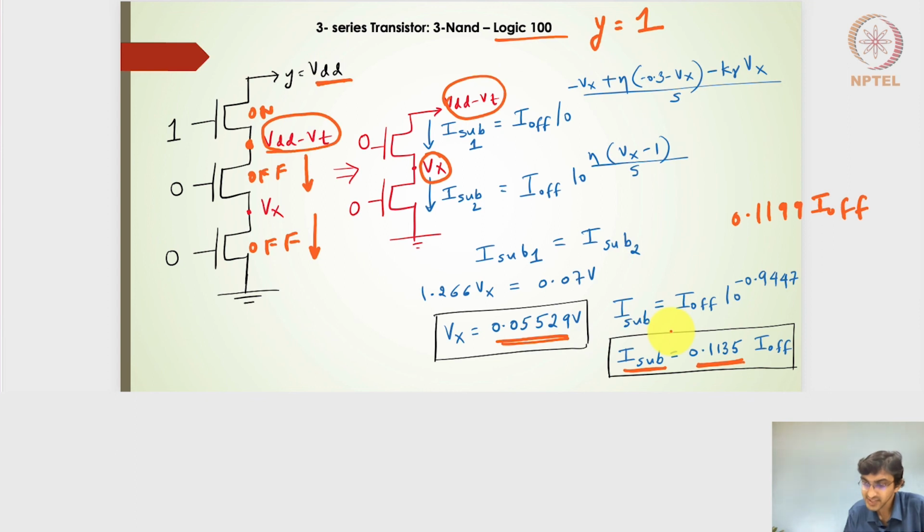So because of the slightly lower voltage here, my current is slightly decreased from 0.1199 to 0.1135. Also makes sense because the voltage is slightly less and thereby the current should be slightly less. Right, so for the two stacked transistors, if I see a voltage of VDD minus VT on one side and the ground on the other side, I will get 0.1135 of the I off current.